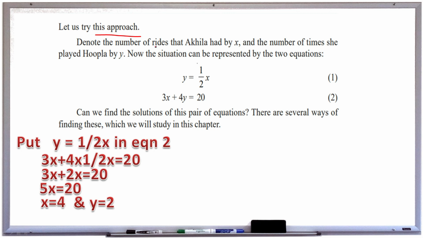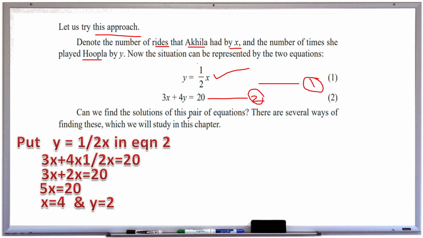Denote the number of rides Akila had by x, and the number of times she played hoopla by y. Now the situation can be represented by two equations. y is equal to half of x, because the hoopla she played is equal to half of the rides she made. So y is equal to half of x, equation number 1, and 3x plus 4y is equal to 20, the rupees she spent in total, which we can consider as equation number 2.